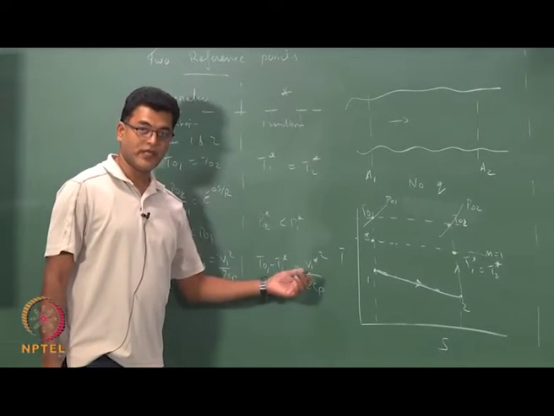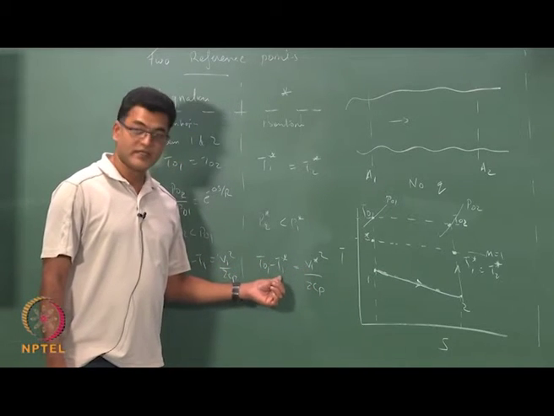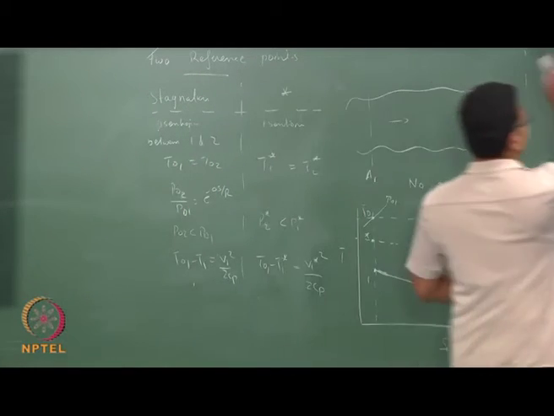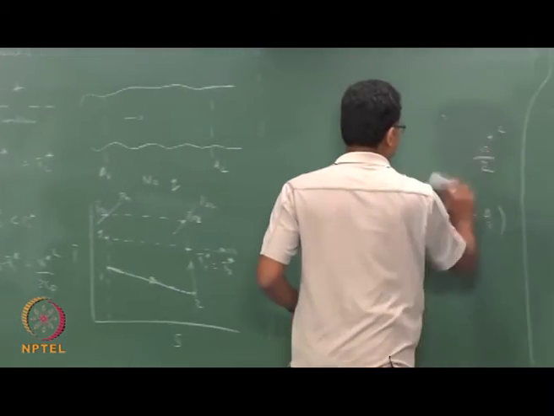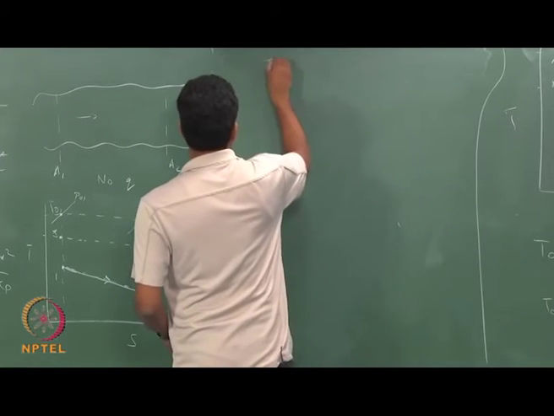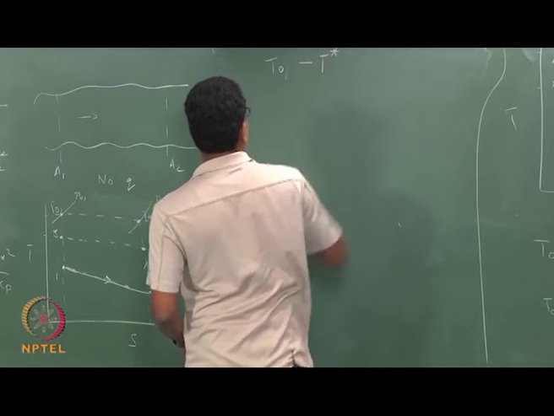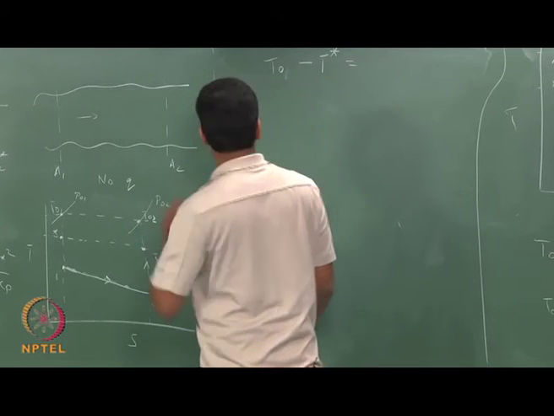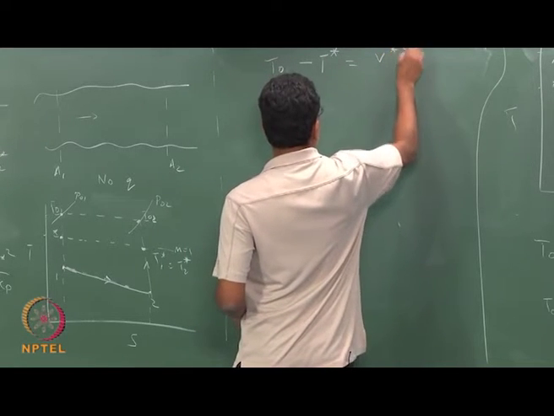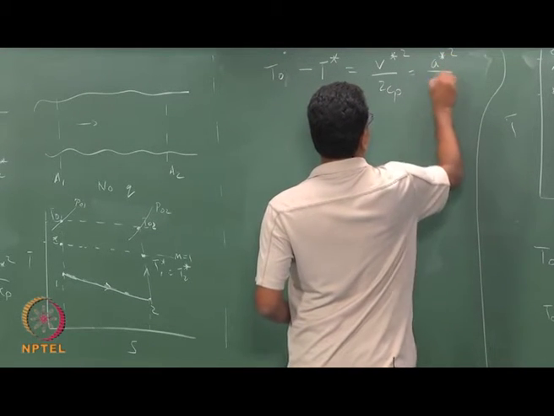V1 star square is also your A1 star square, which you can write in terms of T1 star, and you can write the entire quantity in terms of T. So, if I write T01 minus T1, let us remove the suffix. So, for any point T0 minus T star is V star square by 2 Cp, which is also your A star square by 2 Cp.